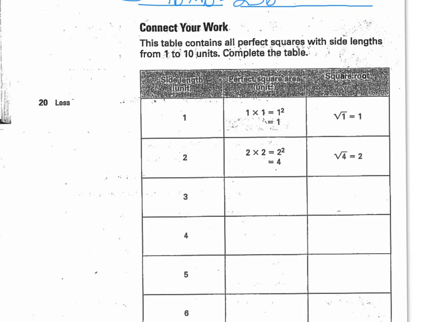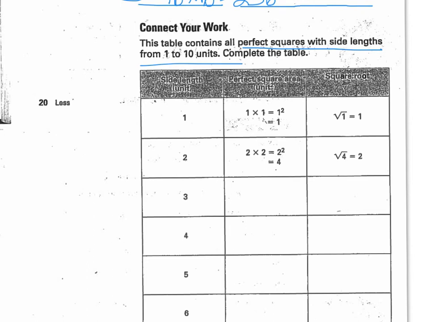Now it is your turn. We have a table that contains all perfect squares with side lengths from 1 to 10. The first two are done for you. If we had a side length of 1, 1 times 1 is also 1 squared, or 1 to the power of 2.